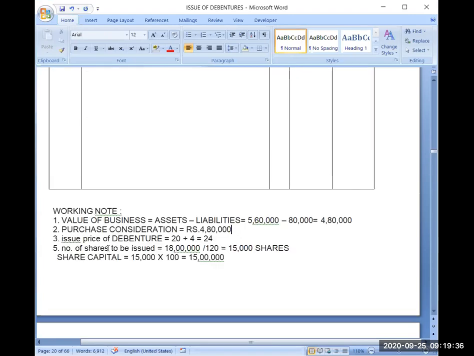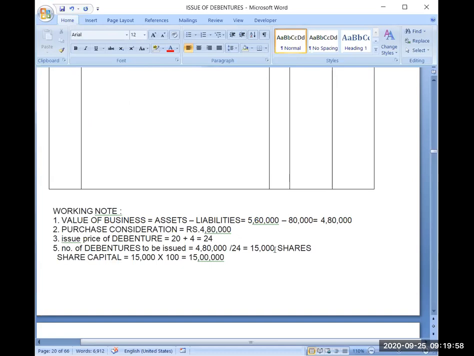Now number of debentures to be issued. So purchase consideration should be divided by issue price. So purchase consideration is 4,80,000 and issue price is 24.